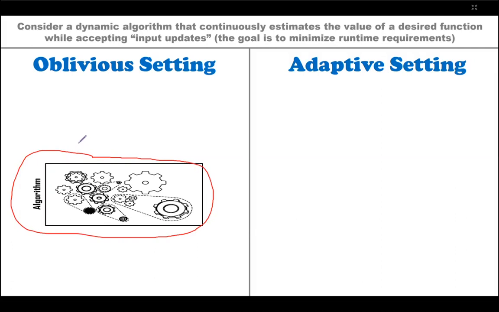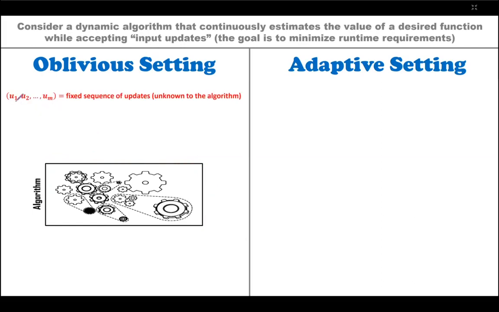A good example to keep in mind is the global min cut problem. So the input to the algorithm is a graph. The algorithm needs to output an approximation to the size of the global min cut in the graph. And then from time to time, the graph changes. Let's say each time step an edge is added or removed from the graph, and the algorithm needs to update its response.